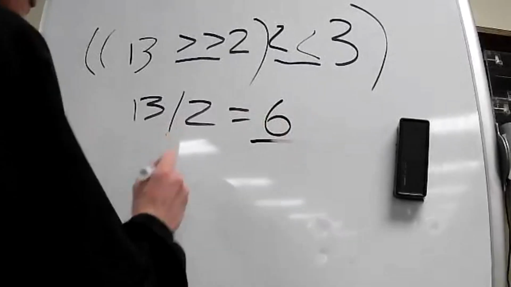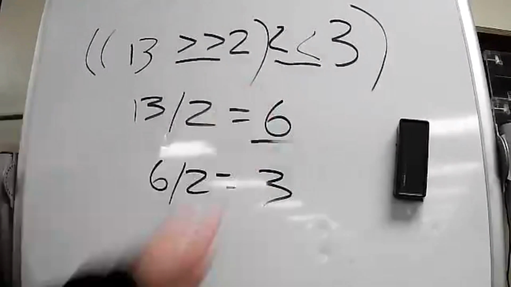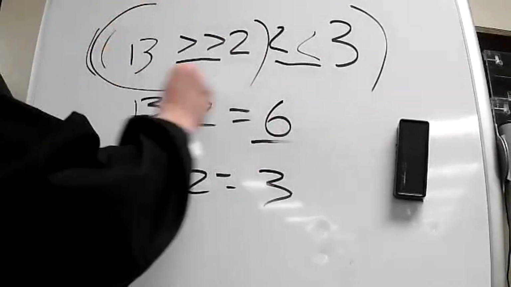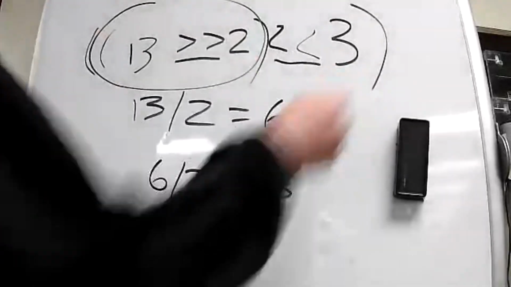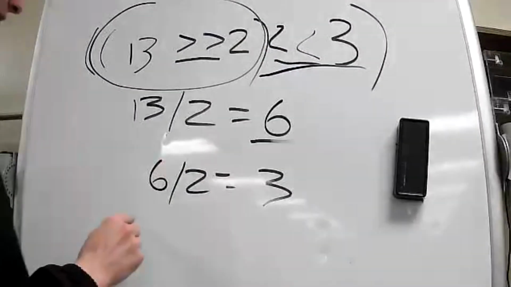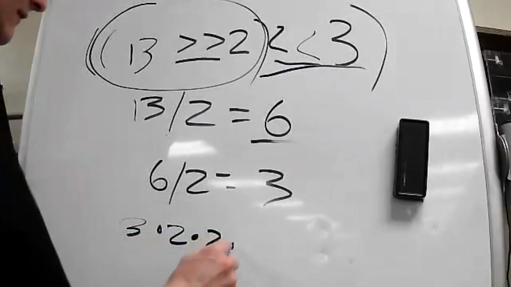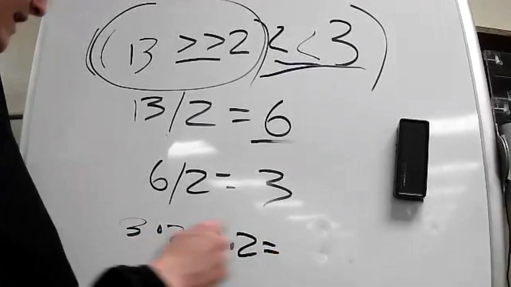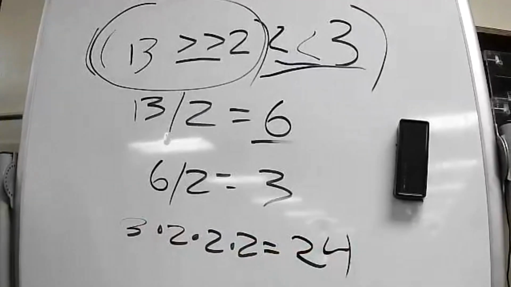Then we got 6 divided by 2. It's 3, right? Notice I had to do that first because it's in the parentheses. Then after that, we're gonna go here, and we're gonna go 3 times 2, times 2, times 2. What's 2 cubed? 8. 8 times 3, 24, right? So that's how you get the first part of that problem.